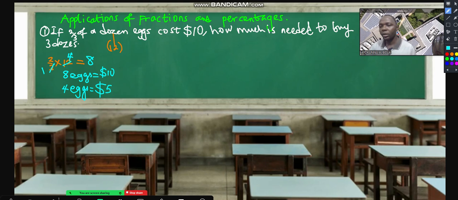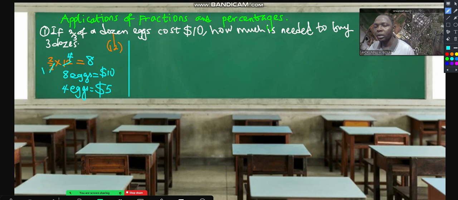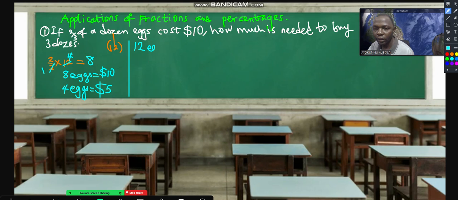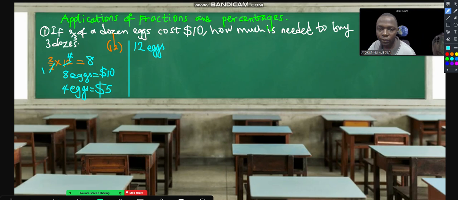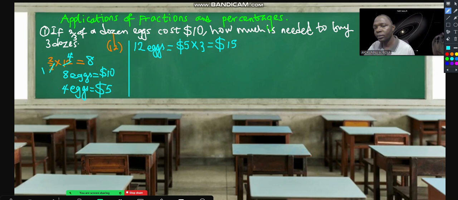So if 4 eggs cost $5, another 4 eggs cost $5, another 4 eggs cost $5, then 4 plus 4 plus 4 is a dozen eggs, which is 12 eggs. So 12 eggs will cost, because 4 times 3 is 12, $5 times 3 for 1 dozen, and that will be $15 for 12 eggs.